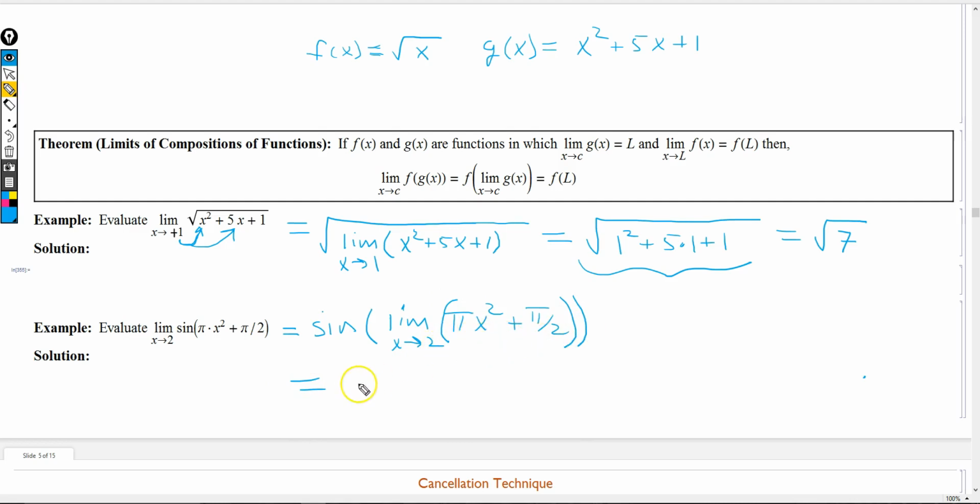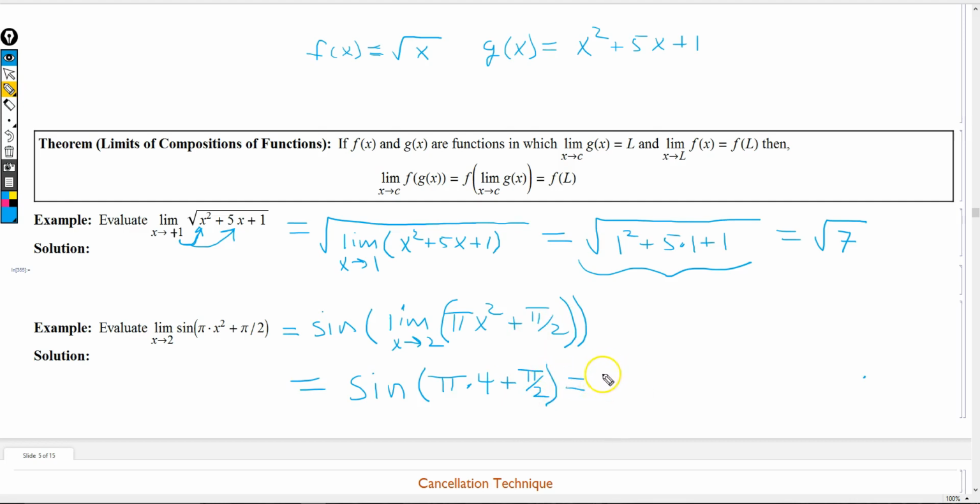Because now you see this is a polynomial. Pi times 2 squared is going to be 4 pi, plus the limit of pi over 2. That's just a constant. So the limit as x approaches 2 of pi over 2 is just going to be pi over 2.